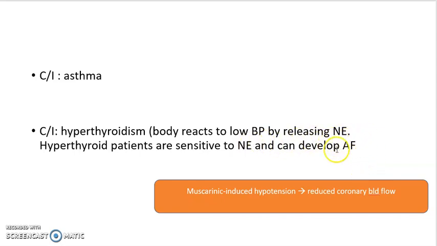Atrial fibrillation is a condition of the heart where the atrium fibrillates. It moves in a manner that is not normal, so that's going to cause problems, and you don't want this condition to happen when you give a drug.